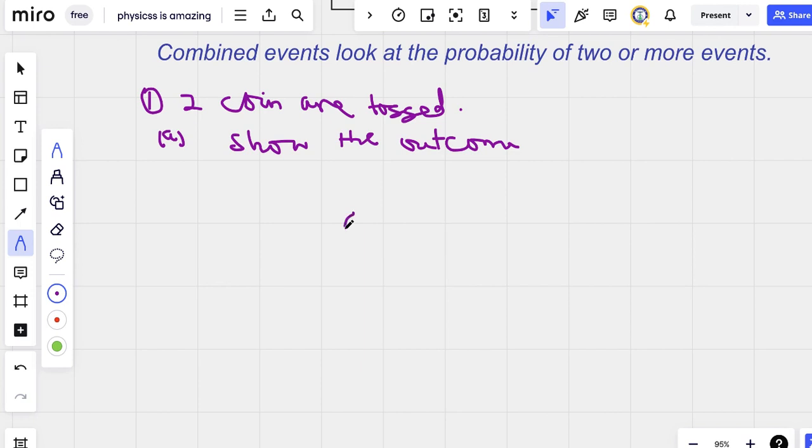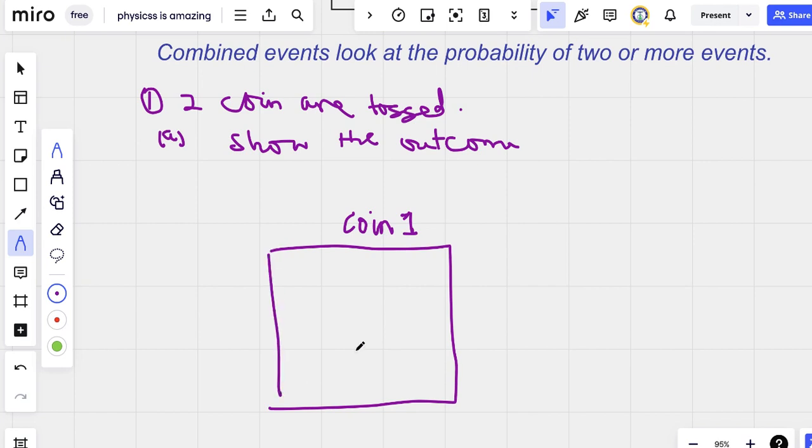On this horizontal side, we say coin 1. We make a table, we say coin 1 on this side. Then we rule this table for coin 1.